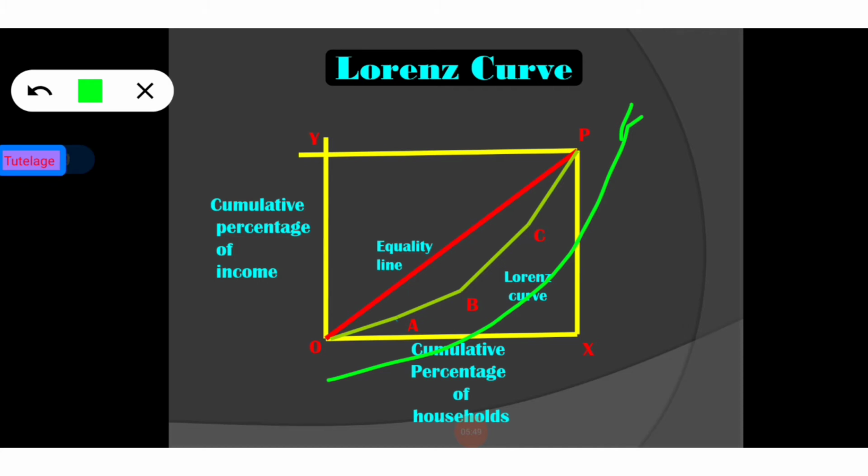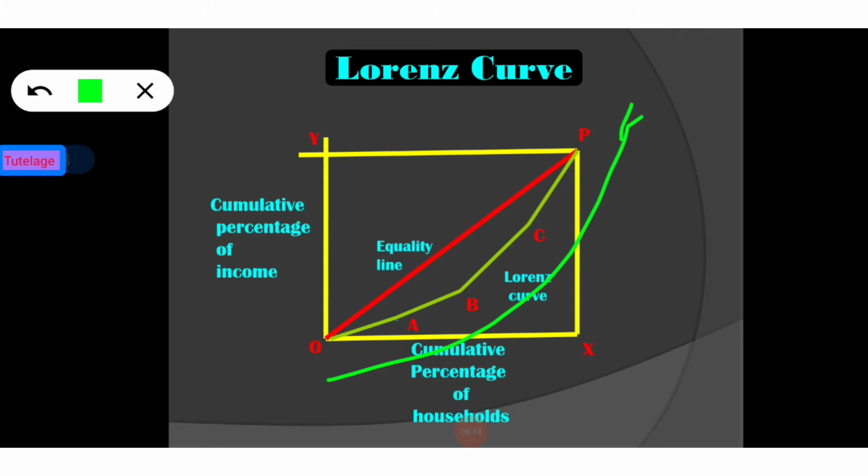Point B indicates 50% of the households would get 25% of total income. Point C indicates 80% of the households would get 75% of the total income, and so on. I think the graphical representation of the Lorenz curve is clear to everyone.